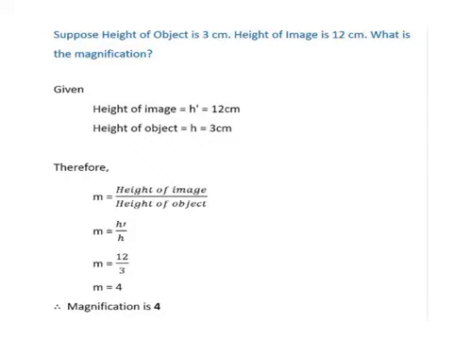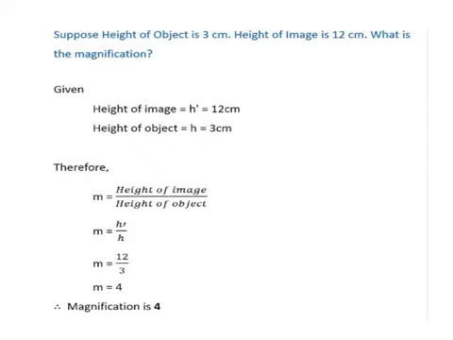What is the magnification? So, when a problem is given, you have to analyze the problem. What are the quantities given? Next, what is being asked? This you have to write as the heading, given and asked.